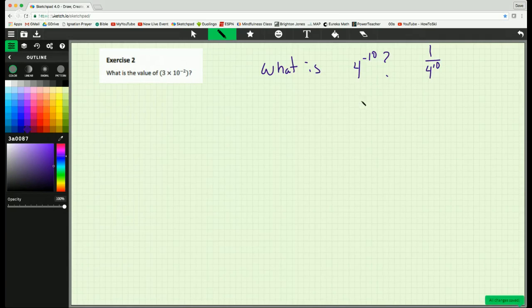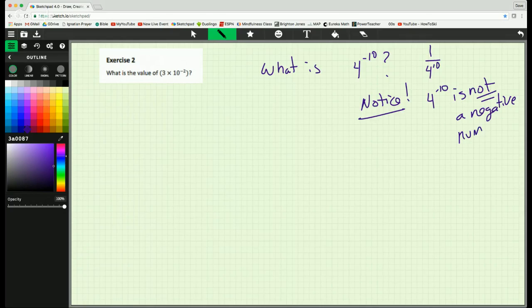Now notice, 4 to the negative 10 is not a negative number. It is 1 over 4 to the 10th, and that is equal to 1 over 4 times 4 dot dot dot, 4 ten times. And that is not negative. It's a very small number.